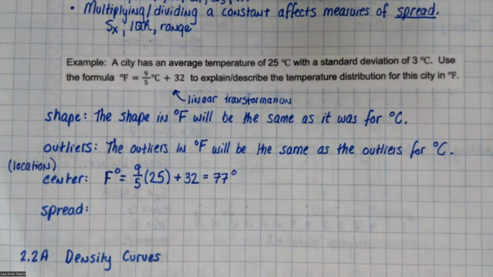Why is that special? It's special because you multiplied and you added, only because it was the center. Now the spread, you're going to have to resist the urge to add or subtract. You don't add or subtract. This is the moment right here.